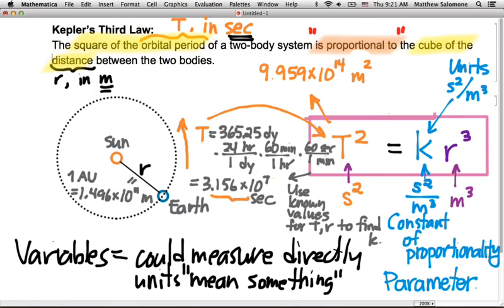Then taking our radius, the distance from Earth to Sun, and plugging that into our radius variable, cubing it, so that'll be 1.496 times 10 to the 11th, cubed.